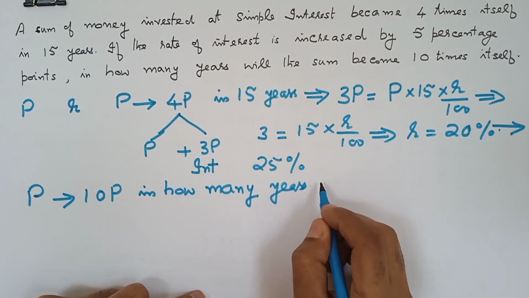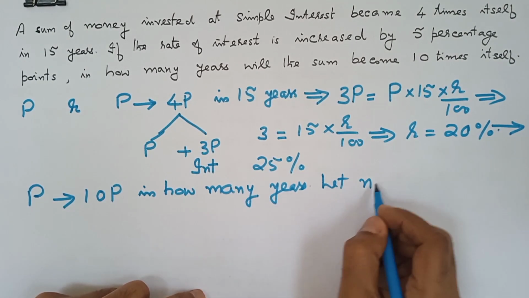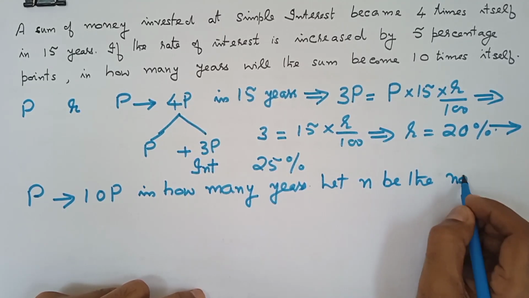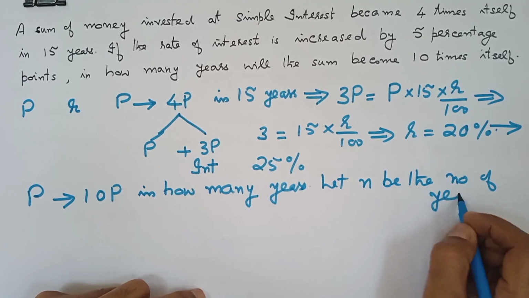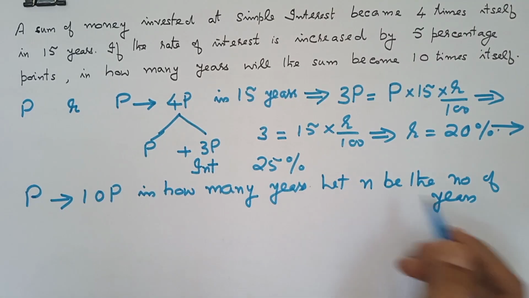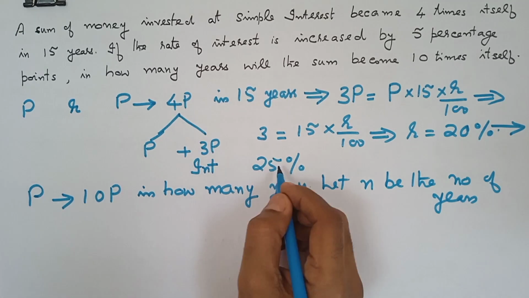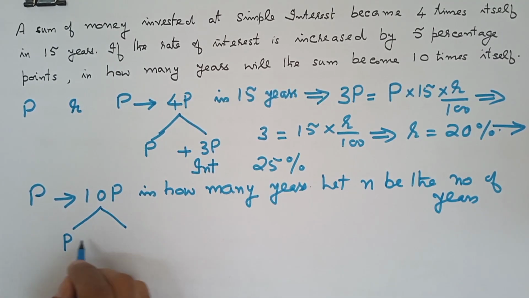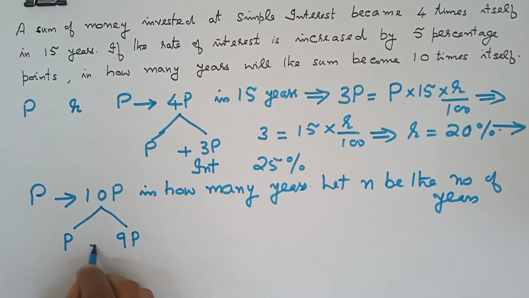Let n be the number of years. Rather, P becomes 10P in n number of years. At what rate? 25% per annum. Now, like we did before, split this into P and 9P.